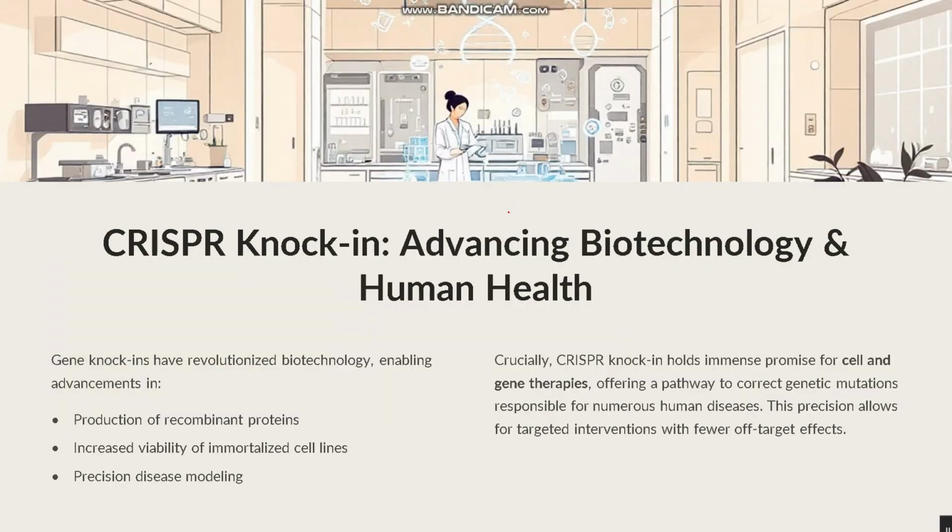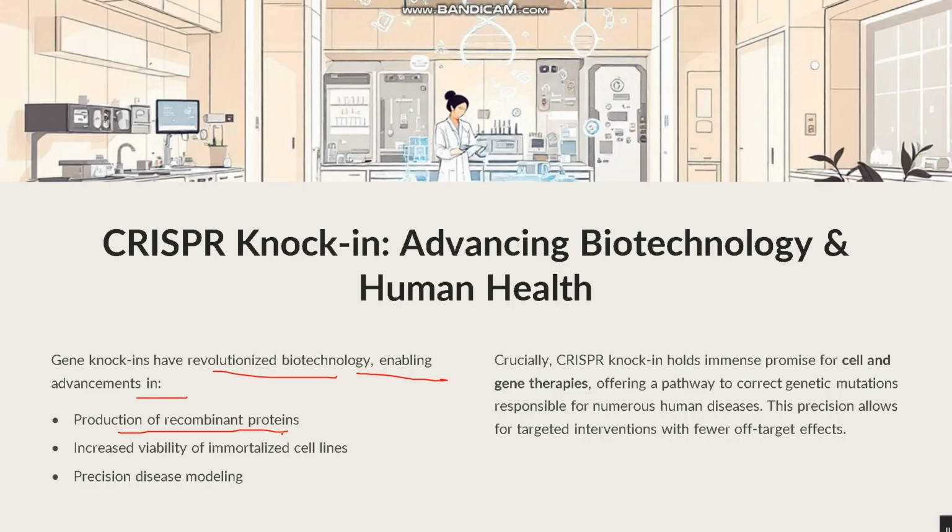So gene knock-in has abundant applications in biotechnology and human health. Gene knock-ins have revolutionized biotechnology, enabling advancements, for example the production of recombinant proteins. We need to produce recombinant proteins that are not naturally produced in that human or in that animal, for example insulin.